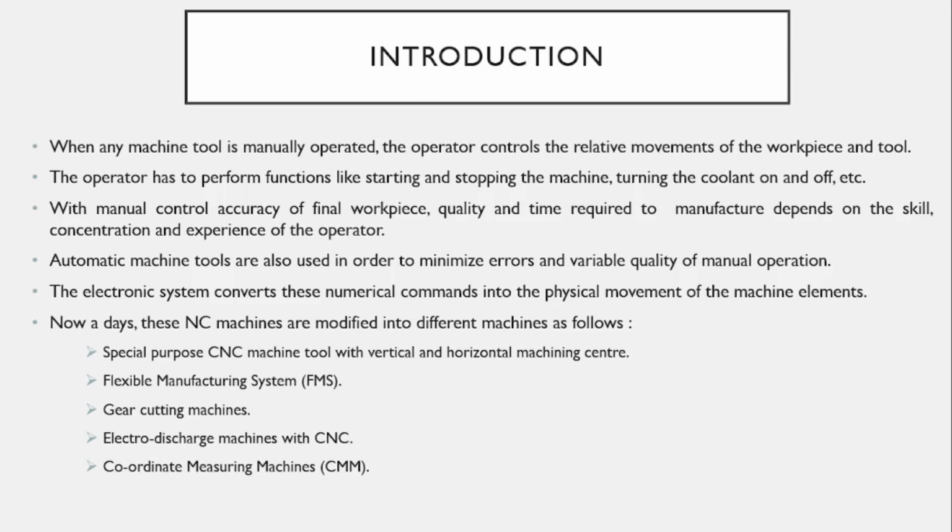The operator has to perform some functions like starting the machine, stopping the machine, and turning the coolant on and off. With manual control, the workpiece quality and accuracy is limited, and the time required to manufacture depends on the skill, concentration, and experience of the operator.